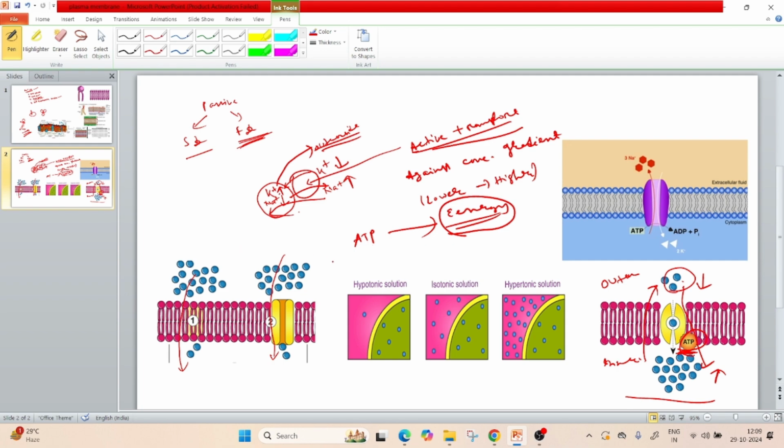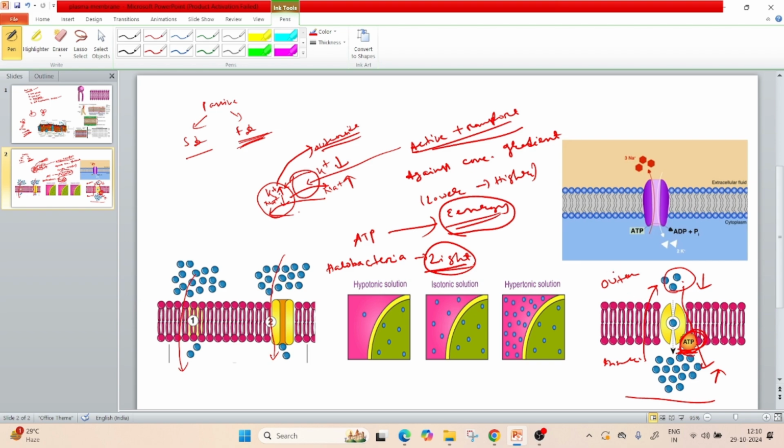For example, some bacteria like halobacteria use light as a source of energy here, but still it is called active transport because of the use of energy, not the ATP. We use ATP as a source of energy. Halobacteria use light as a source of energy.